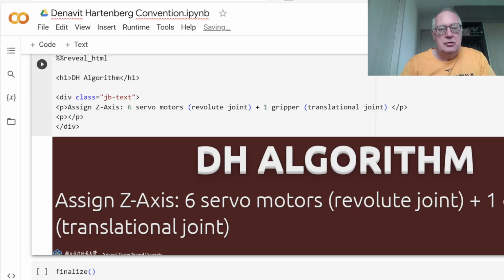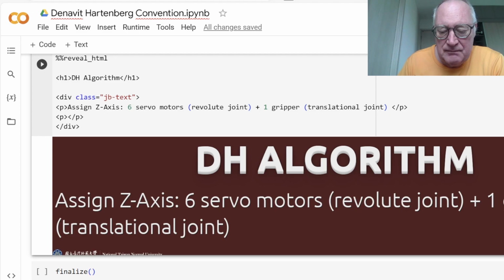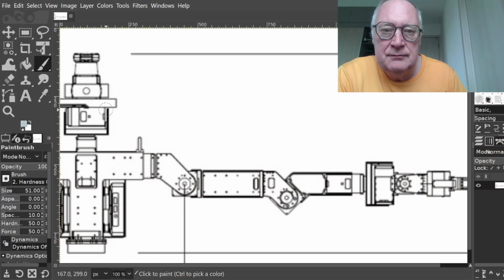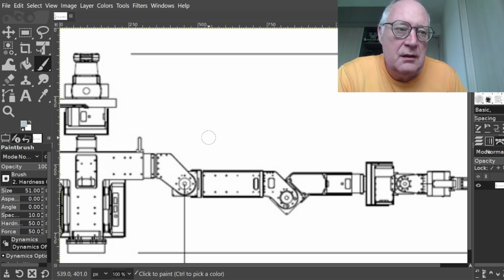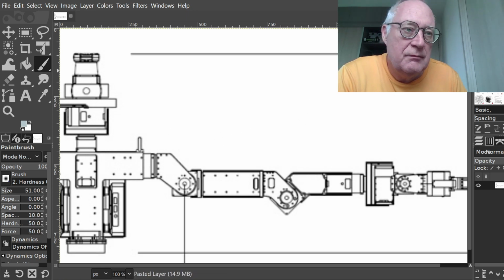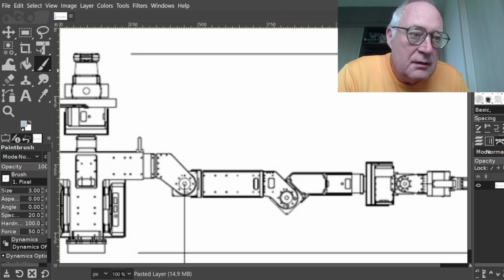So by now you should be done. So here, let me just paint it in myself. And I need a smaller brush. Settings, spacing.